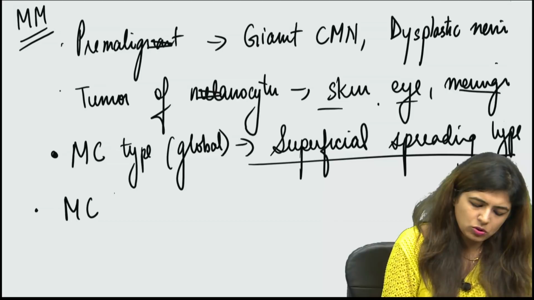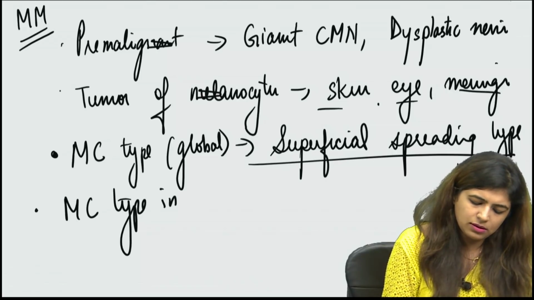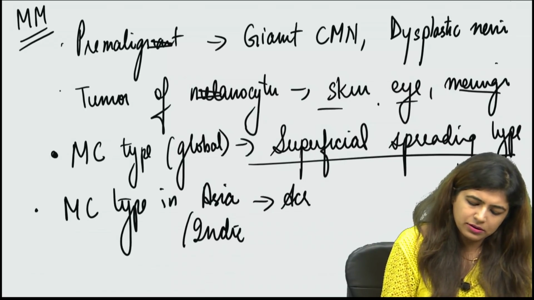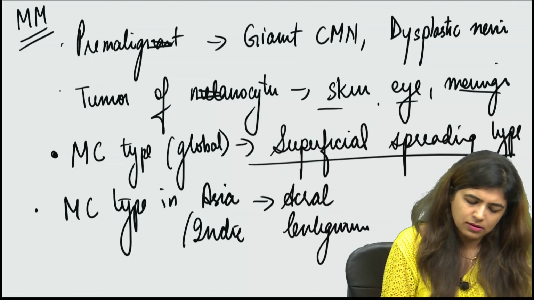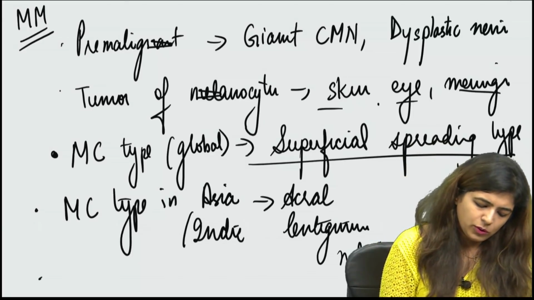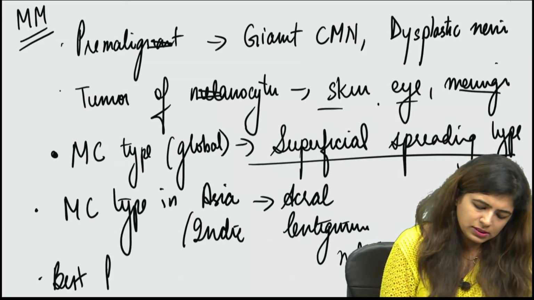Which is the most common type in Asia or India? That is the acral lentiginous melanoma. Which is the best prognosis?